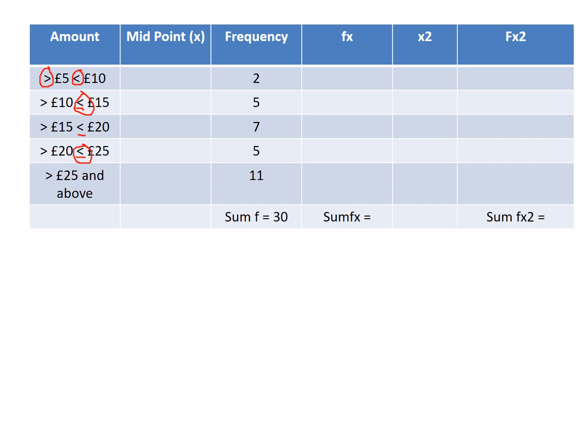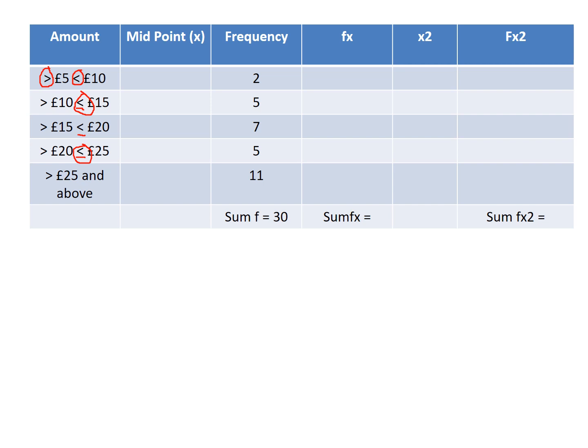So if we're trying to calculate the mean, the first thing that we want to do is get the midpoints between 5 and 10, and we're going to round these figures up to the nearest figure. Bearing in mind, this could have been price ranges for a meal, for example, how much people expect to pay or spend when they go out, and these could be the price ranges that you tabulate your responses in.